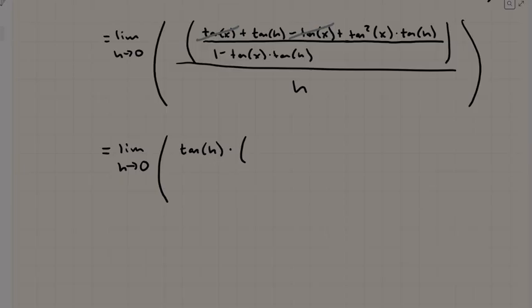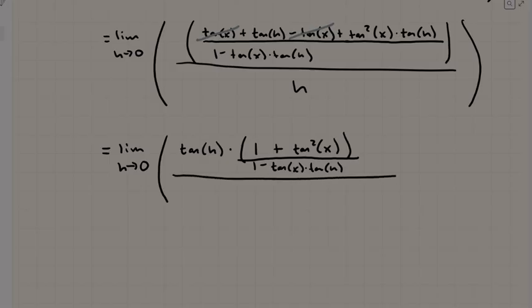And then that's going to give us a 1 plus tangent squared. All right, that's the numerator of our numerator. Our numerator also has a denominator. 1 minus tangent x times tangent h. All right, so then that would be the numerator, and then we're dividing by h.